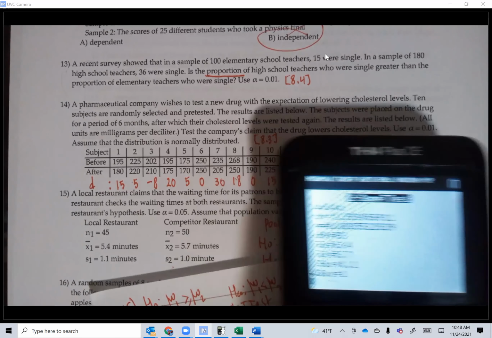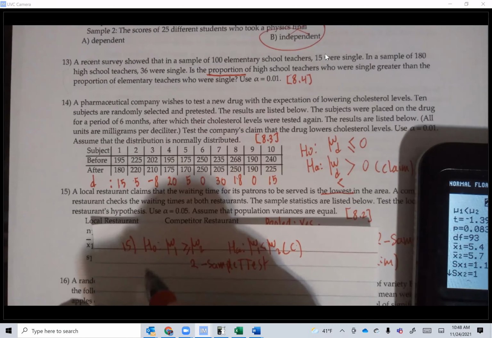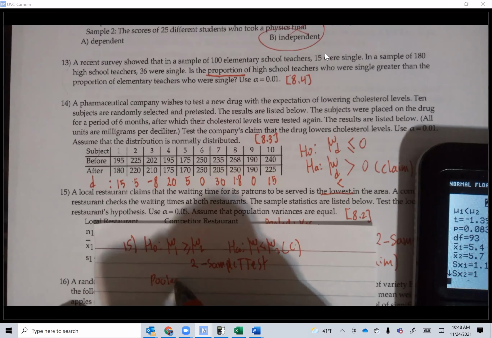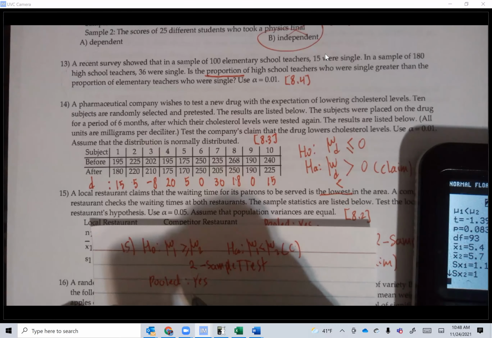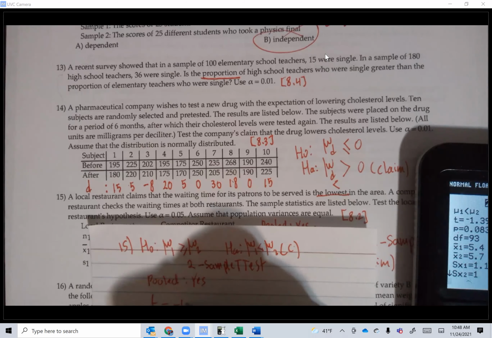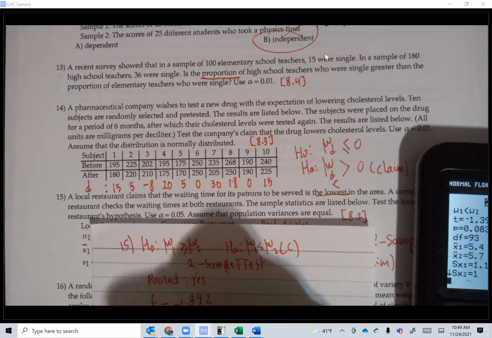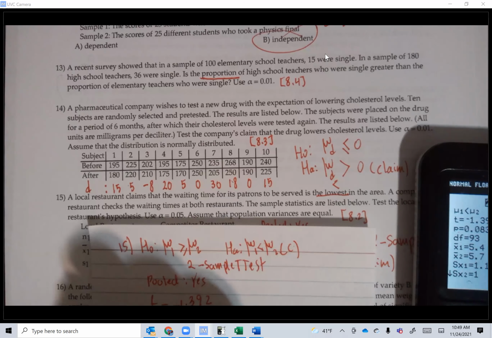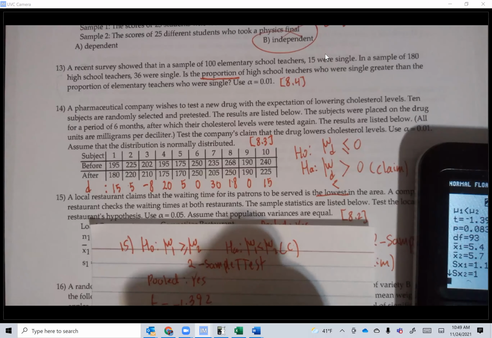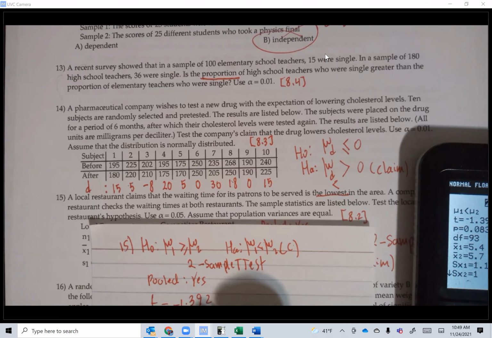And here's the results. So pooled is yes. Here, I'll just put a note for you guys. T is negative 1.392. P-value. I mean, the answers are in the back, but I don't know if they're as detailed as what I'm doing. They were generated by the computer. 3.6.